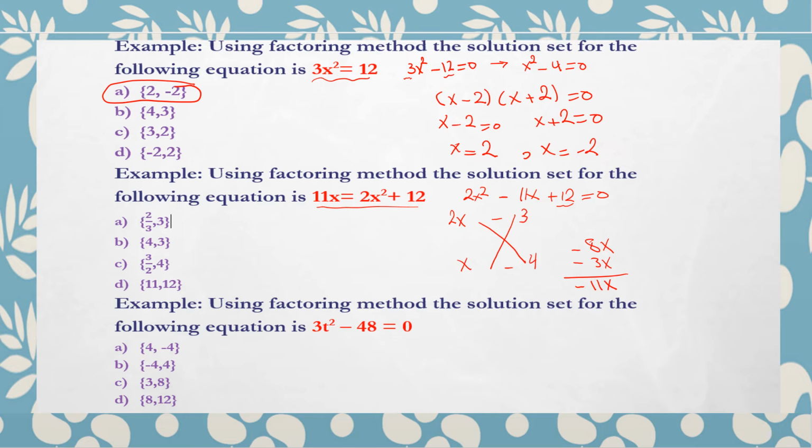So our factors are 2x minus 3 times x minus 4 equals 0.